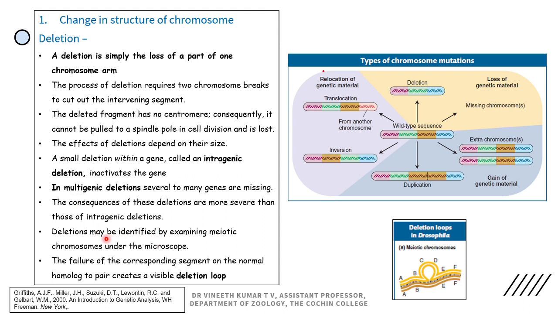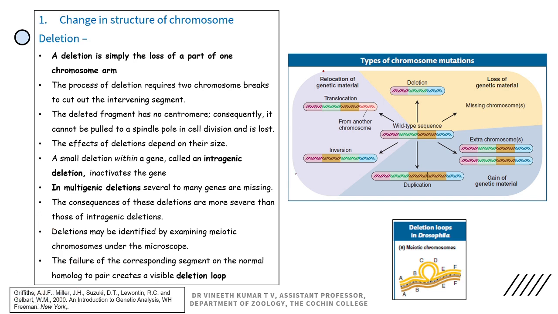So deletions are usually identified by examining meiotic chromosomes under the microscope. What you can see is that, if we consider this particular chromosome is now at the G1 phase, during G1 phase the deletion occurred.